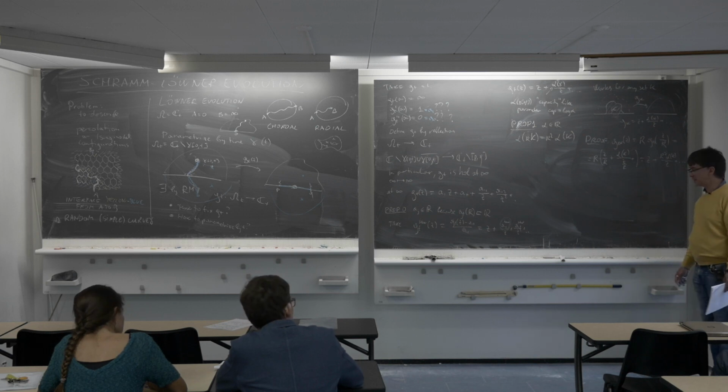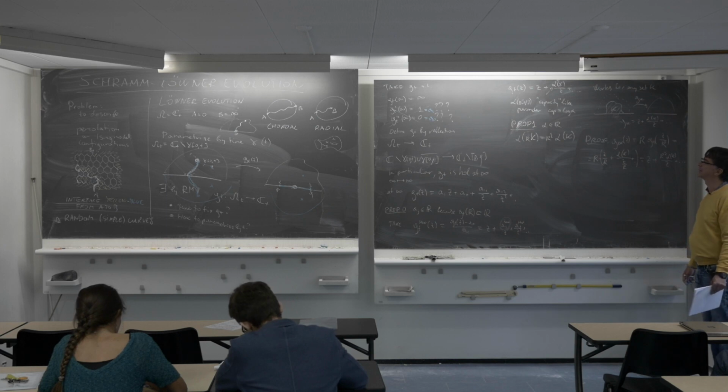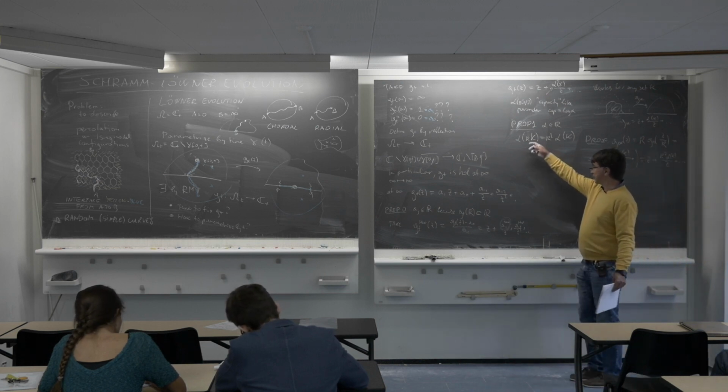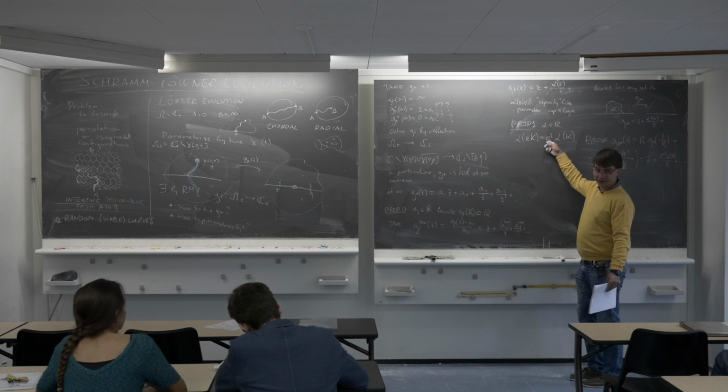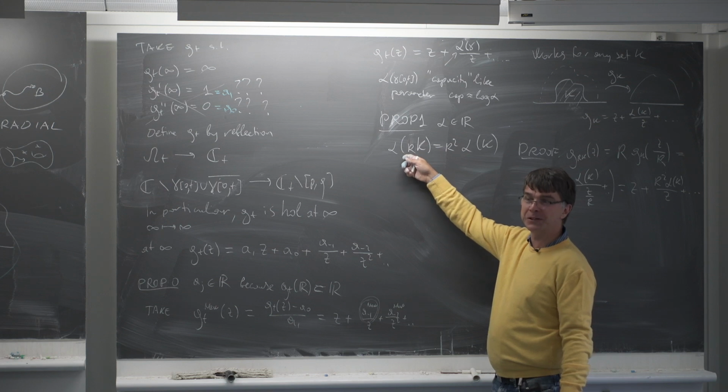There is, by the way, some sort of superficial resemblance to Brownian motion. Brownian motion in time t goes square root of t away. Here, diameter r has capacity r squared, so if you have capacity t, the diameter is square root of t.